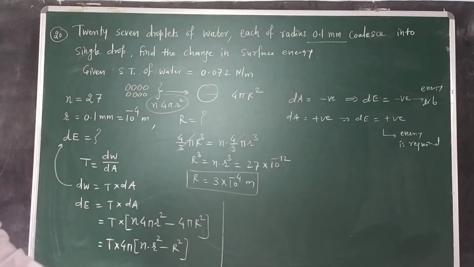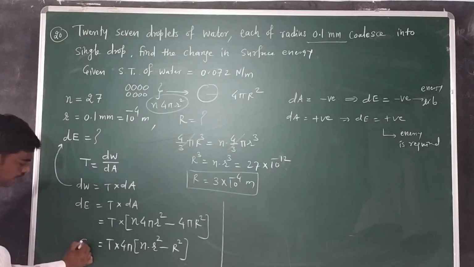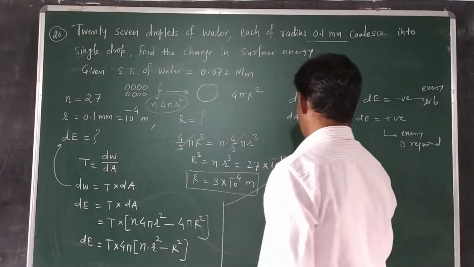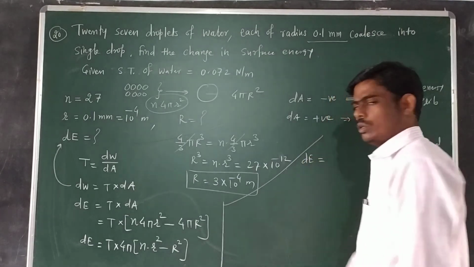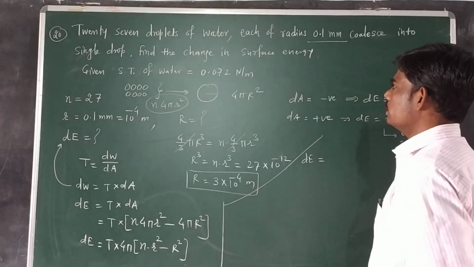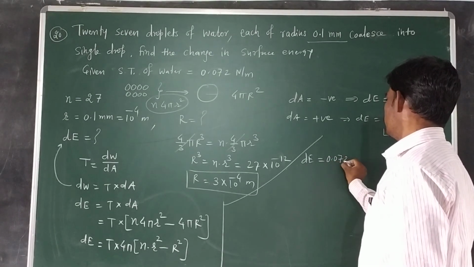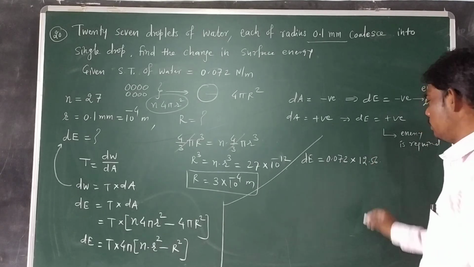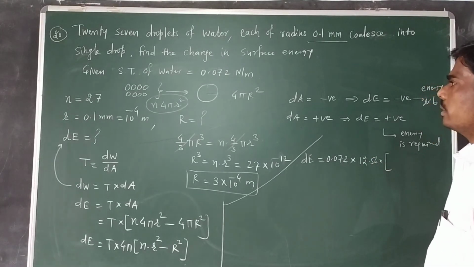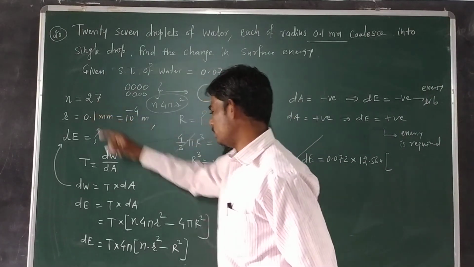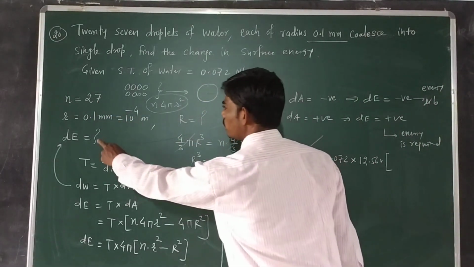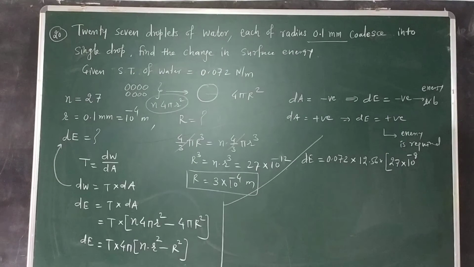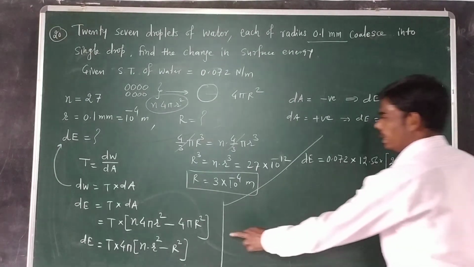Now all values are known to you in this equation to find the surface energy dE. So substitute all values, what do we get? dE is equal to T, T is given as 0.072, then 4 pi, that is 12.56, times n r square minus R square. n is 27, small r square means 27 into 10 raised to power minus 8, minus capital R square.